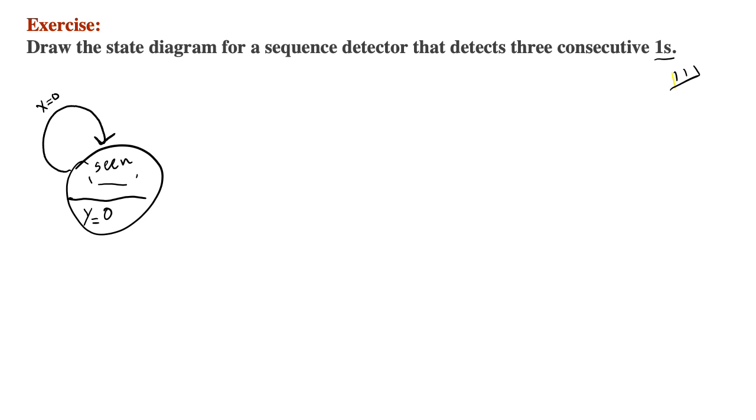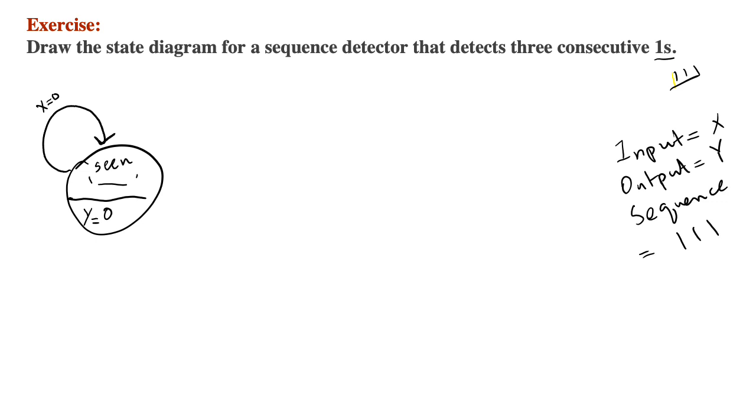So let me write here that our input is x, and the output of the sequence detector is y, and y is going to turn to 1 once we've seen the sequence. So the sequence is going to be 1, 1, 1 according to the question itself.